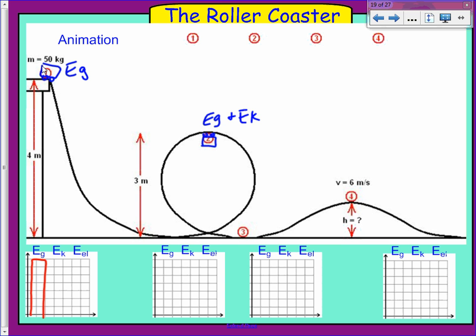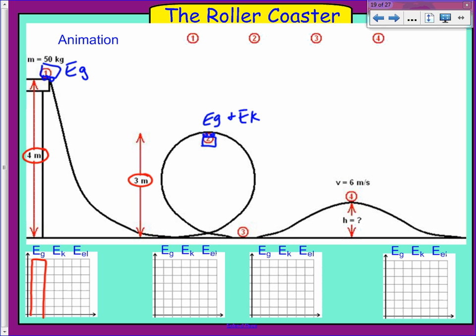At spot 2, which energy do you think is higher, Eg or Ek? I would predict Eg is higher, because at spot 2, the cart is 3 meters above the ground. If you compare that to the original height, which was 4 meters, that's not much of a difference. The cart is almost back up to its original height.